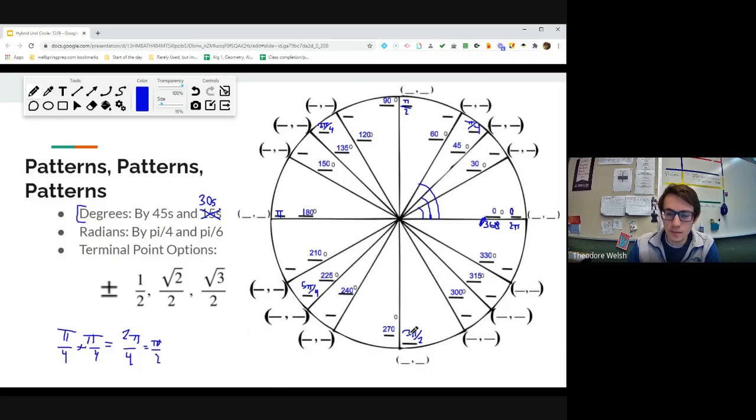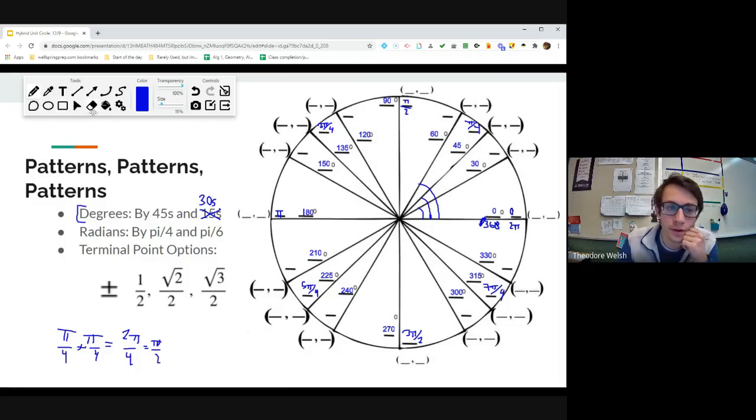Plus pi over 4 is 6 pi over 4, or 3 pi over 2 simplified. Plus pi over 4 is 7 pi over 4. And then here plus pi over 4 is 2 pi. So we can find those radians by adding pi over 4 on those 45-degree angles.